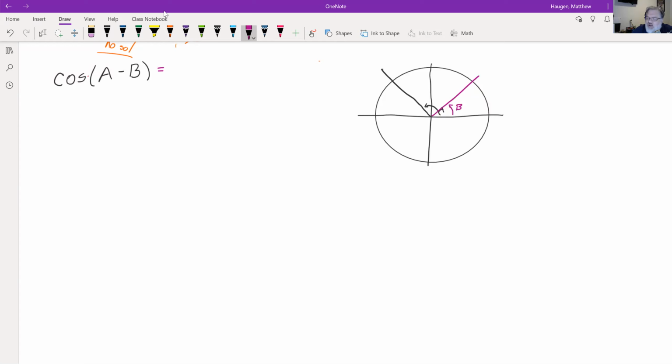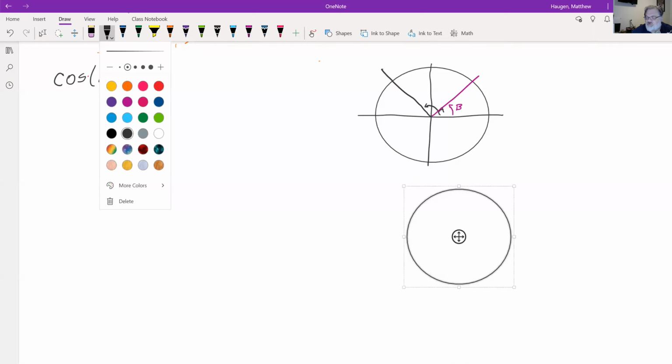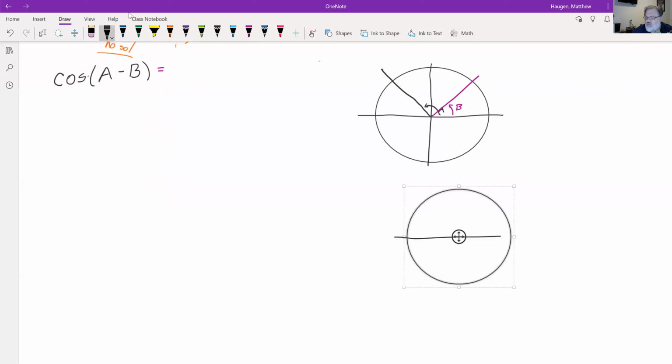So I want to compare this diagram with angle A and angle B in it to a different but same scale circle. Doesn't have to be precise, but it's nice if it's nice.